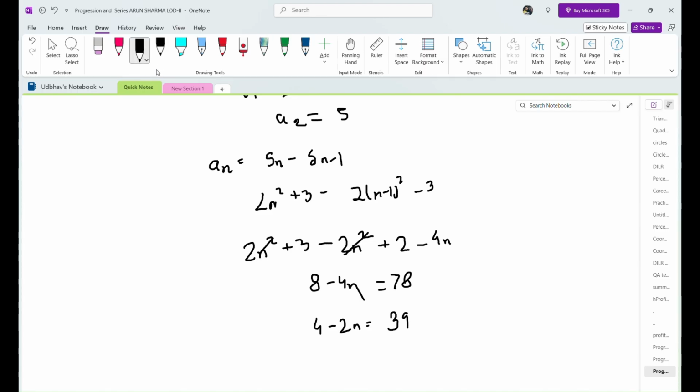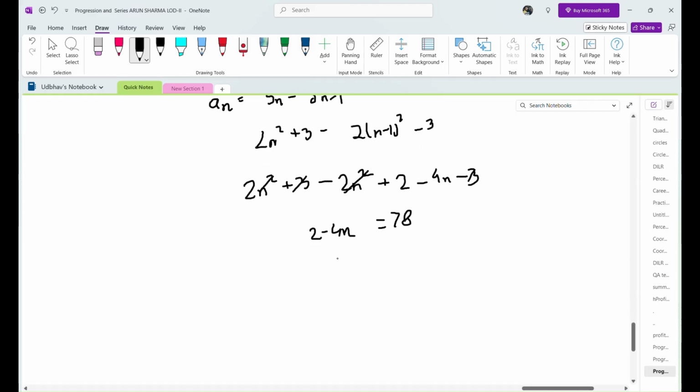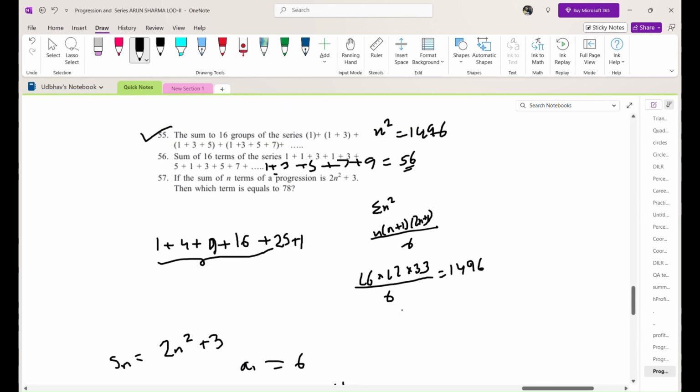So here it is minus 3. 3 cancels. 2 minus 4n. So 4n equals 76. n is around 19.